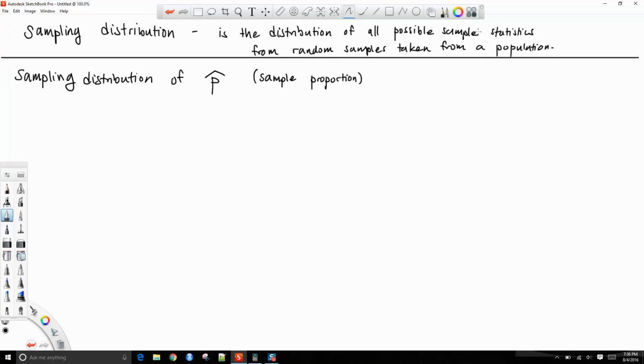Okay, so let me illustrate that. Let's say we've got a big tank, and in this tank we've got a bunch of candy.